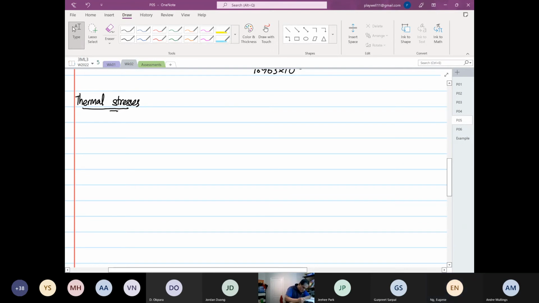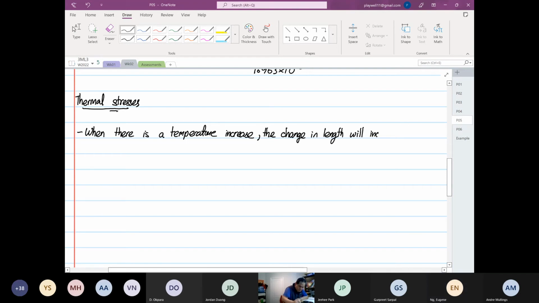When there is a temperature increase, the change in length will increase.